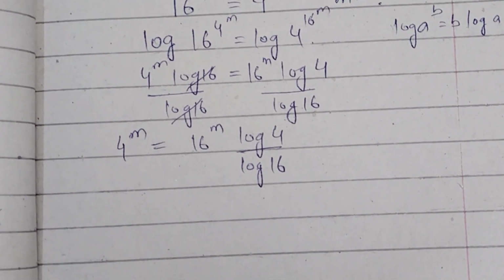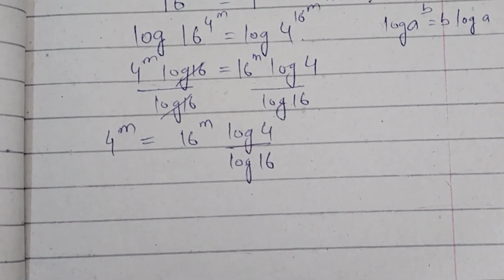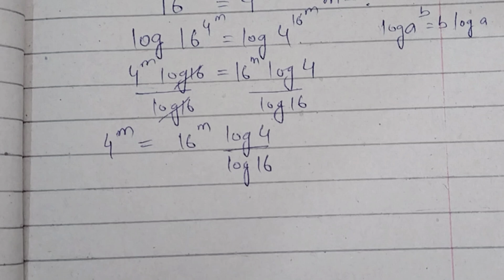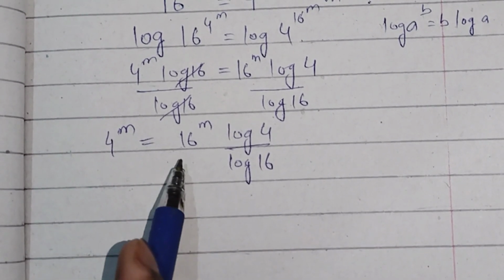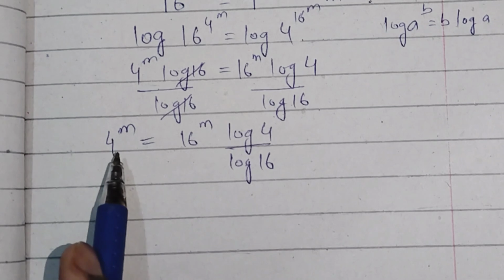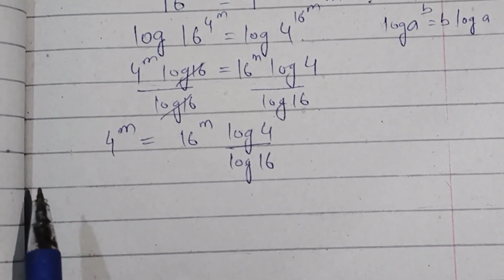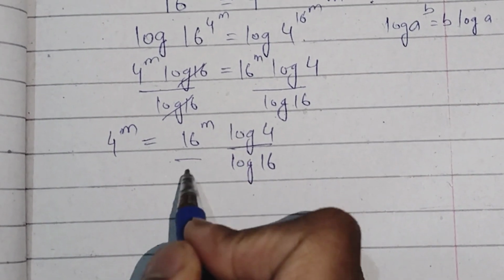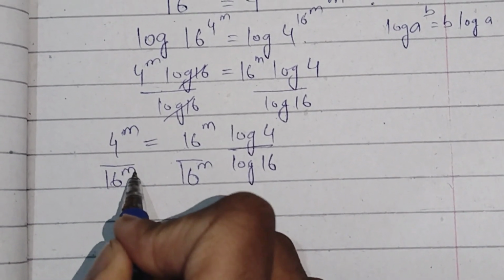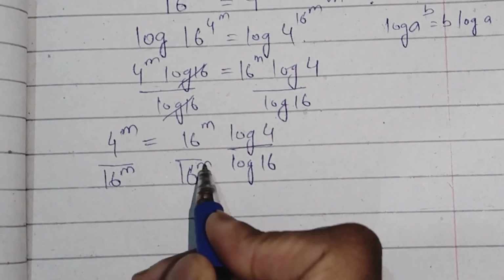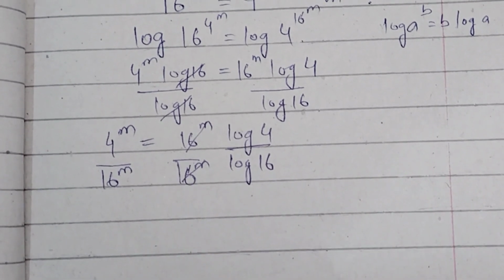Now in the next step, we will divide both sides of our equation by 16 power m so that we get the m on the same side. 16 power m cancels with 16 power m.